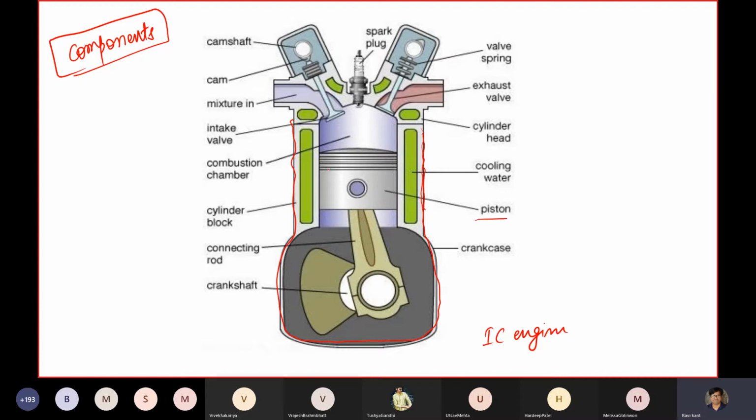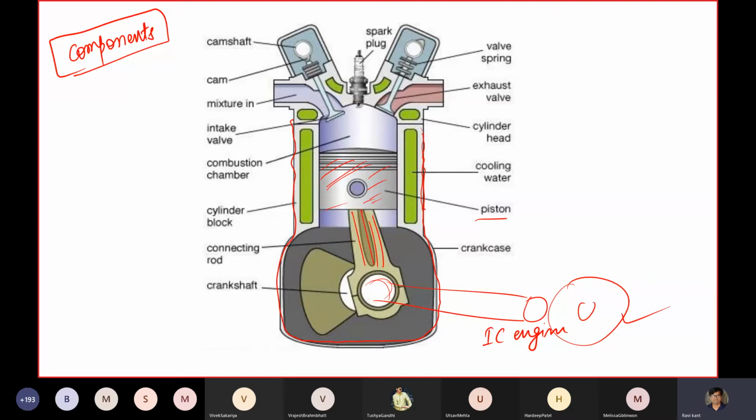This is your piston. Okay, and this is the connecting rod, and this is your crankshaft. Once this is rotated, and this is connected to some other arrangements, which are connected to your wheels.